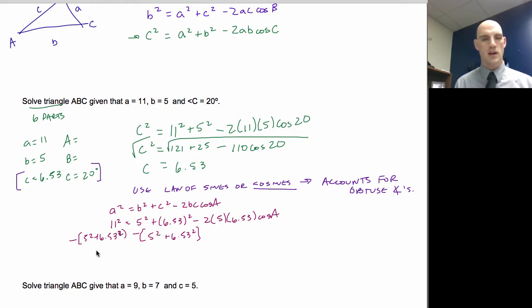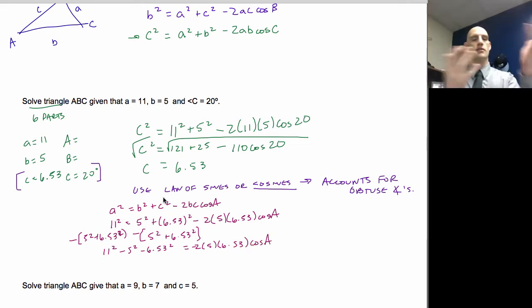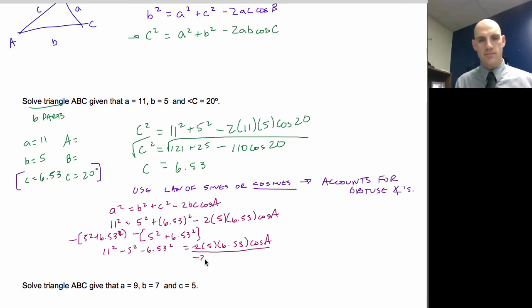And so what I've got is 11 squared minus 5 squared minus 6.53 squared is equal to negative 2 times 5 times 6.53 cosine of A. Okay, so all I did was I subtracted the stuff I was adding. This is solving an equation now. Now I need to divide by this business here.